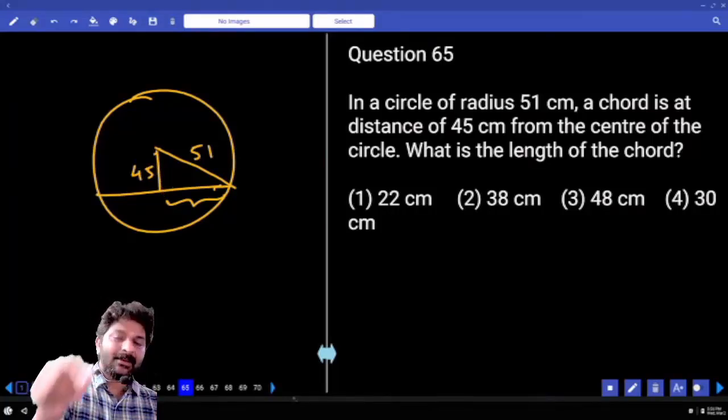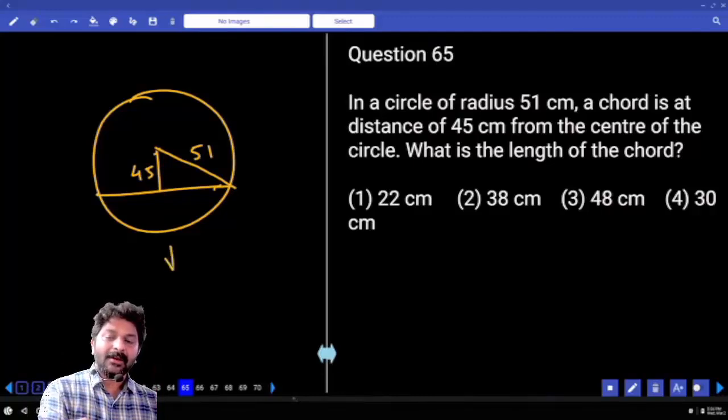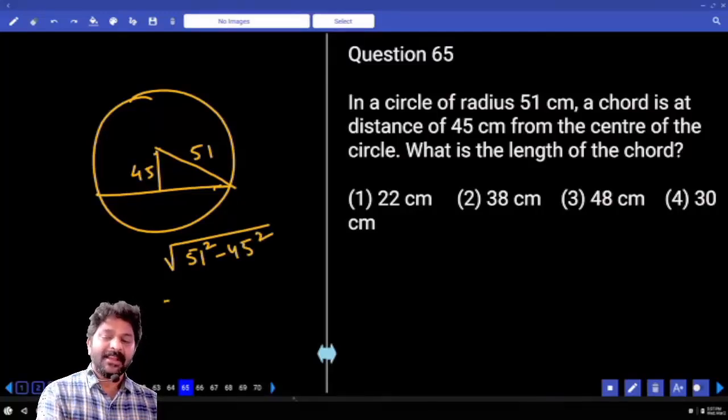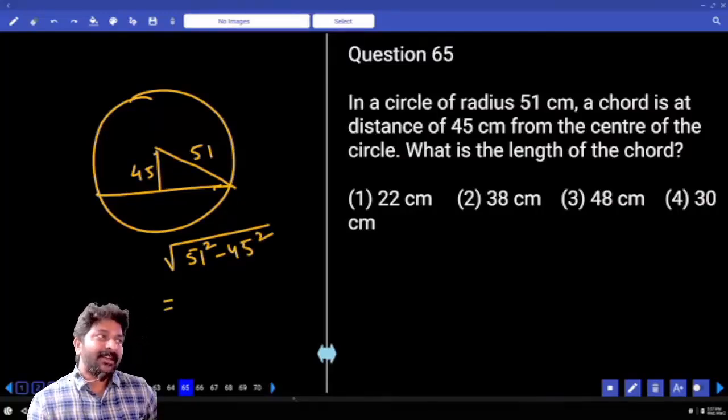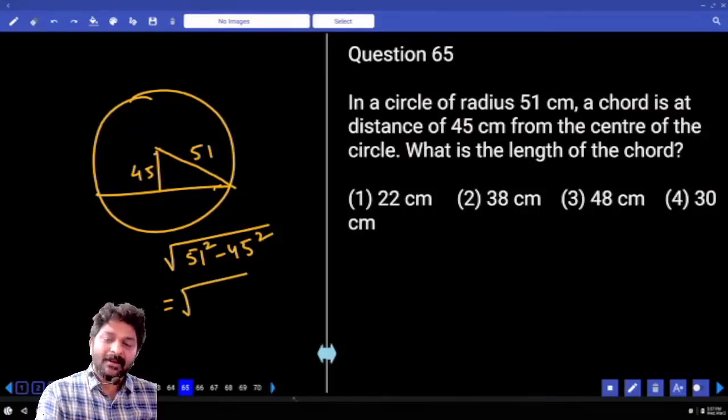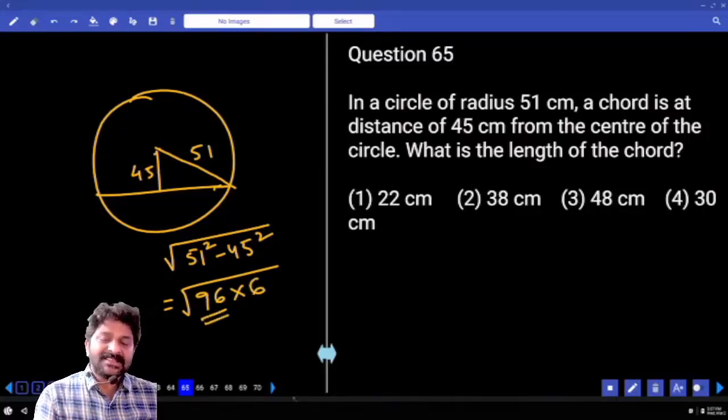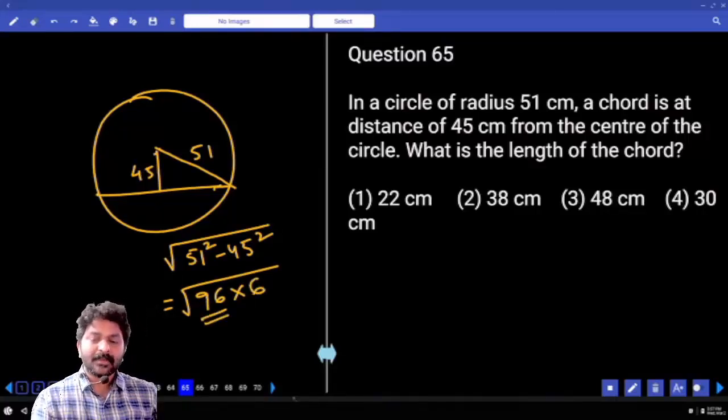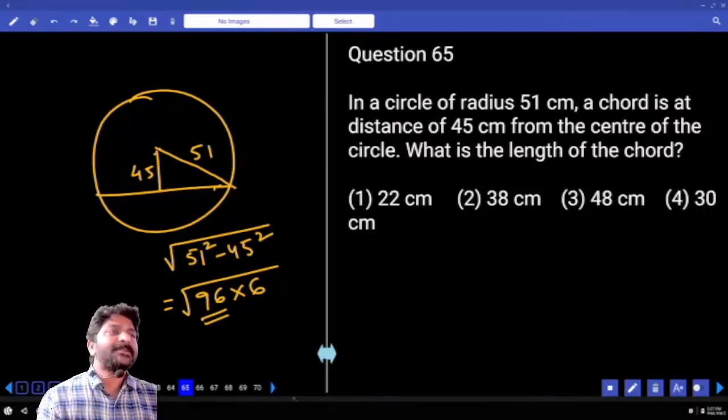So the base value is going to be under root of 51 square minus 45 square. Instead of calculating the entire value, use a square minus b square equals a plus b into a minus b. Let's apply that. a plus b is 96, a minus b is 6. Can we write this as a multiple of 6? 16 times 6.